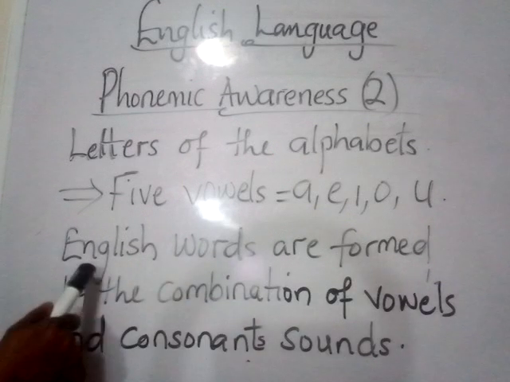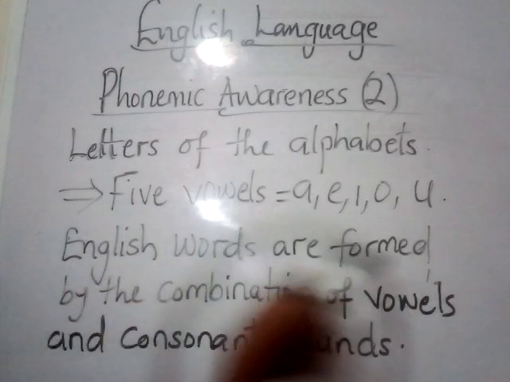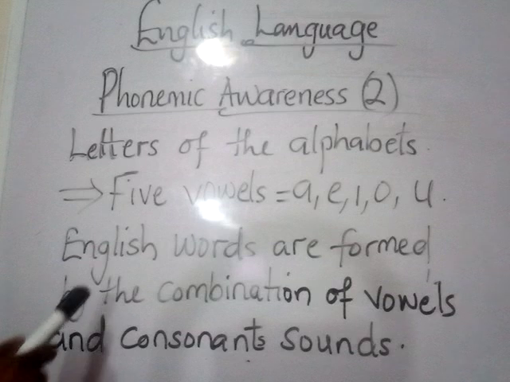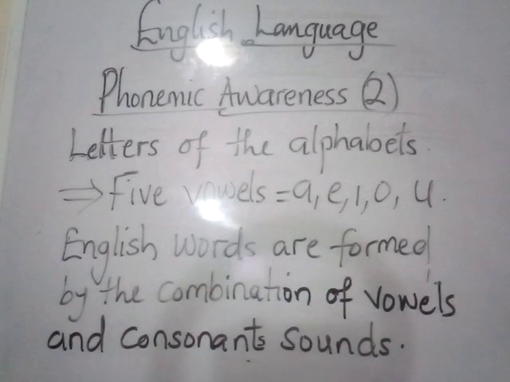Before we move on to that, quickly, I would just like for us to see what I have down here, and that is that English words are formed by a combination of vowels and consonant sounds. There are some languages where you may have a cluster of consonants coming together to form words. It's not so in English language. In English language, in every word there must be a vowel and there must be a consonant.